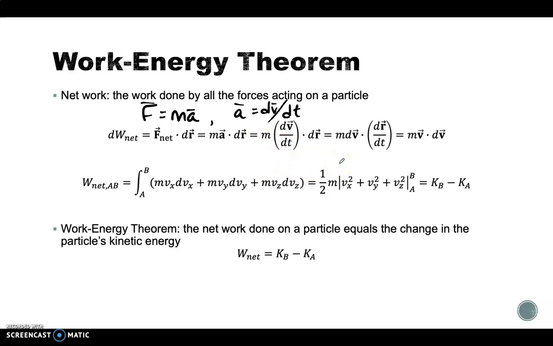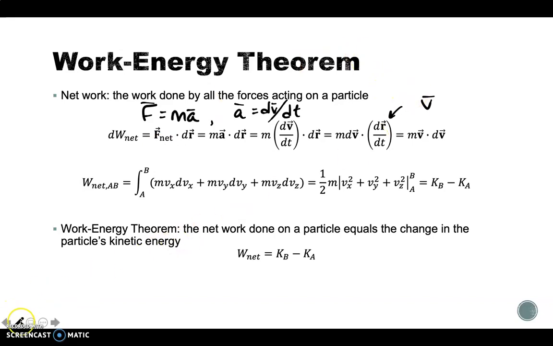And we can move around our dt here due to one of the properties of derivatives. I can't remember it off the top of my head, but I can go ahead and move it under the dr, or the displacement. So now we have dr dt, and dr dt is, I'm sorry, velocity.